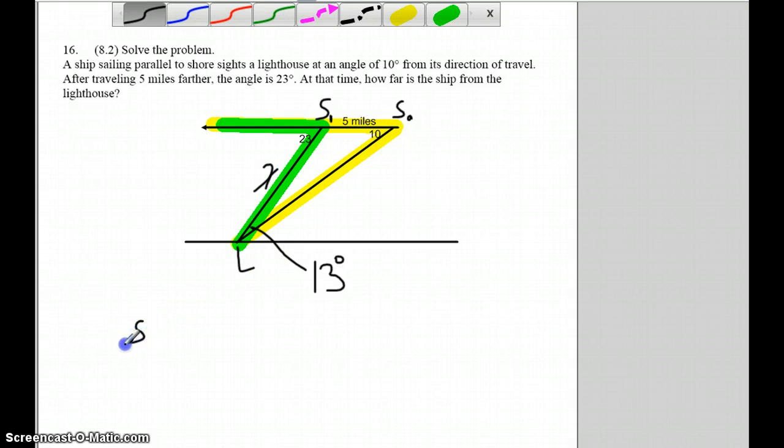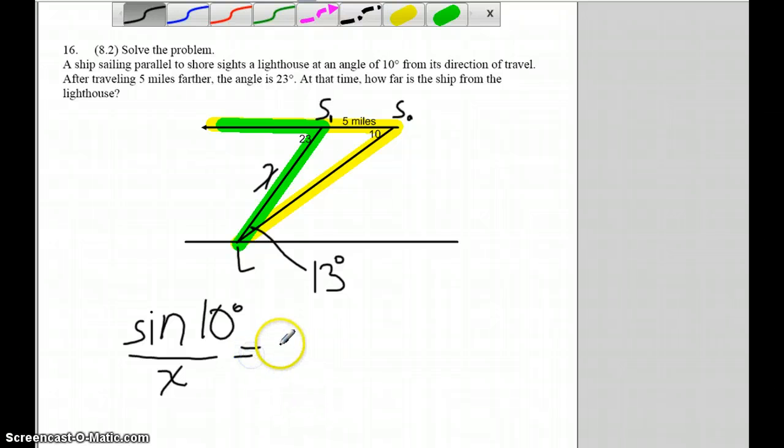So we end up with the sine of 10 degrees divided by x equals the sine of 13 degrees divided by 5.